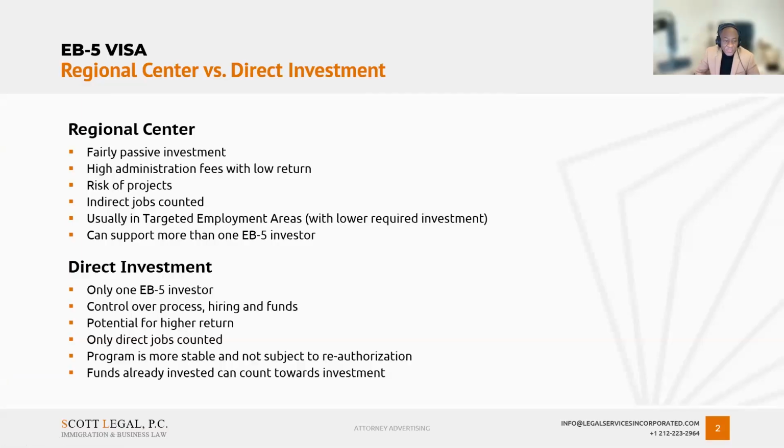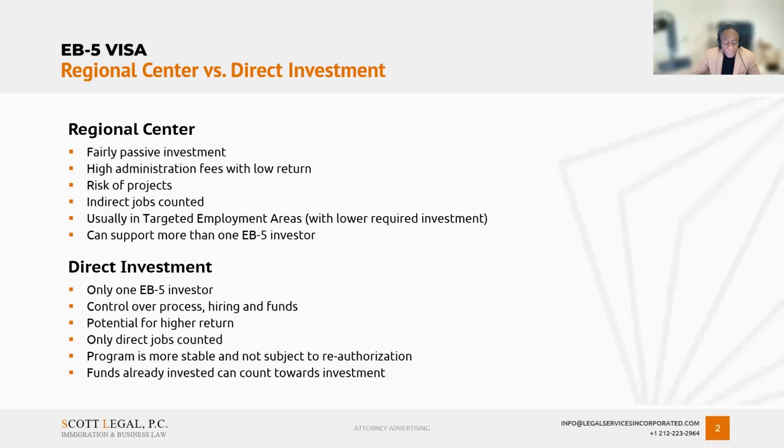When we think of the EB-5 program, we really are looking at two subsets of the program that are quite different. And those are the Regional Center EB-5 program and the Direct Investment EB-5 program. So the Regional Center EB-5 program is a much more passive investment.